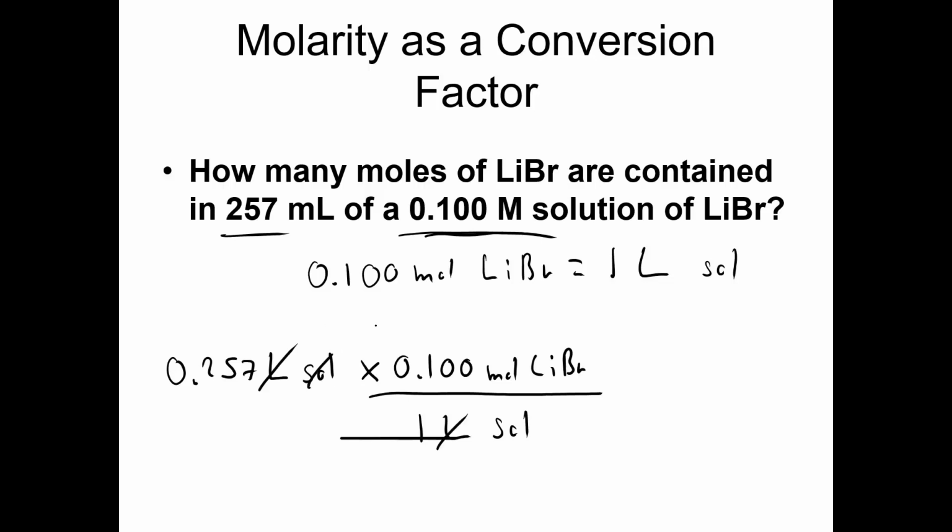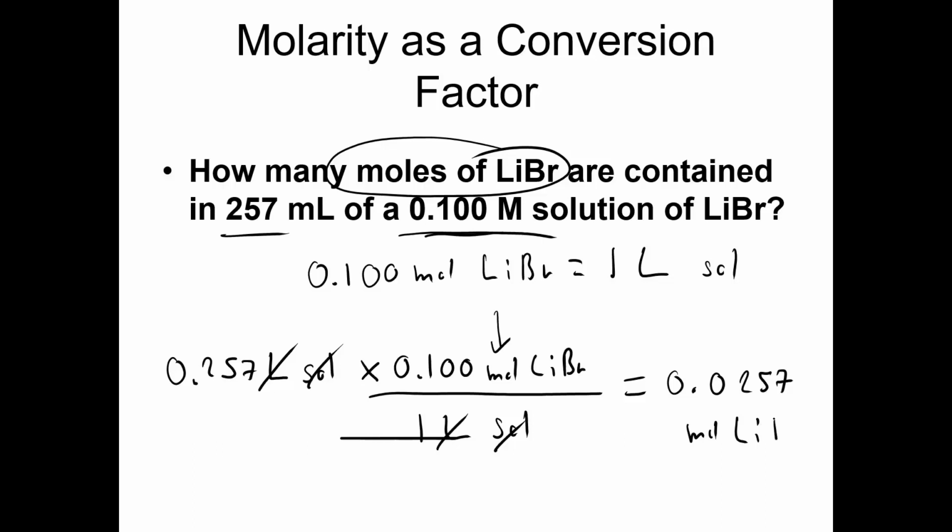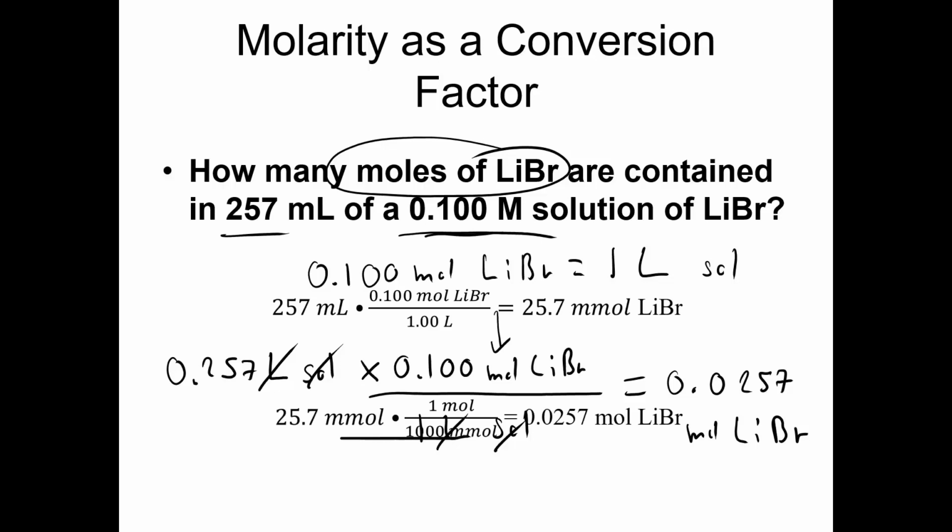The liter of solution cancels and my answer is in moles of lithium bromide, which is what this question is asking. And the answer is 0.0257 moles of LiBr. Okay, that's beautiful.